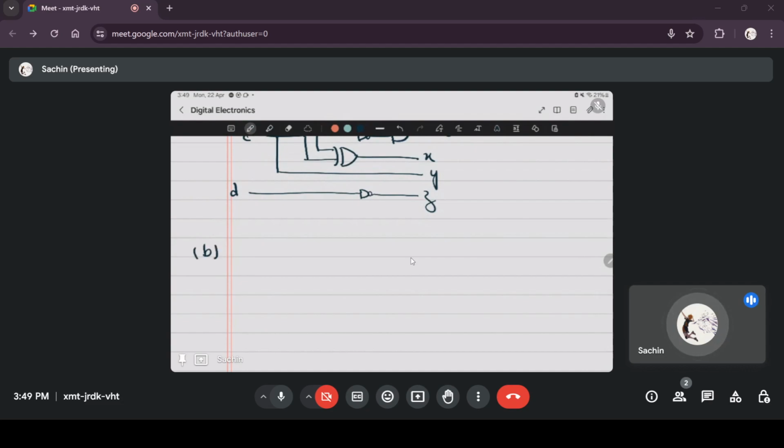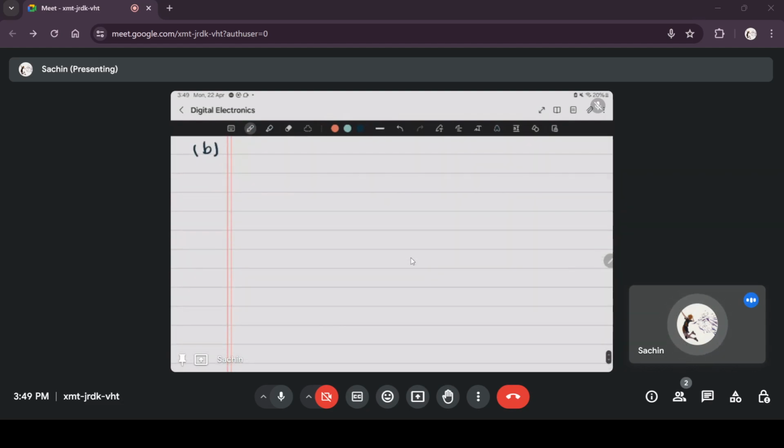Part B, we have to do the same thing, except that now we have a gray code. So decimal 0 in gray is, well, let me take some other number.